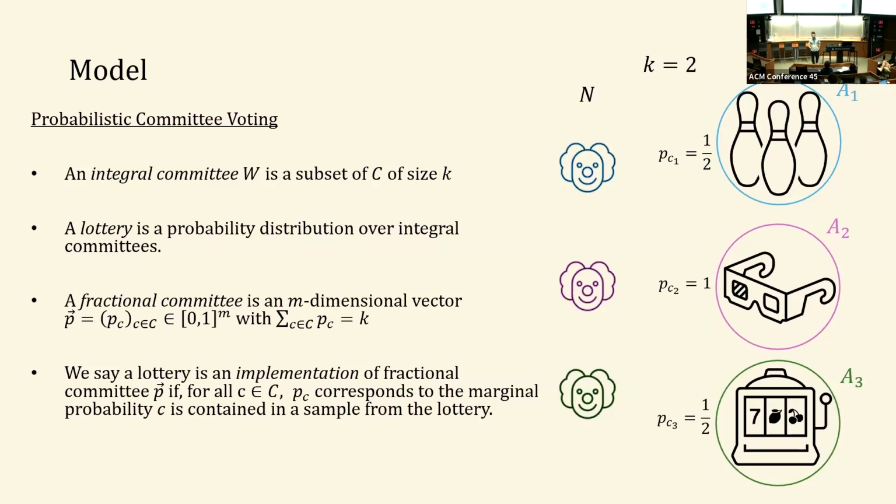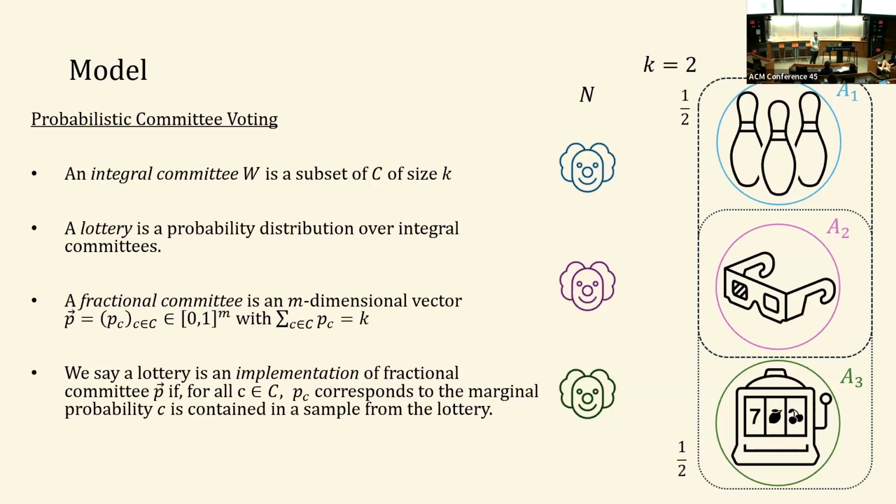We say that it implements that fractional committee, which is the fractional committee where we place the marginal probability of each candidate being selected in a random sample from the lottery. So for example, this fractional committee that we see here is implemented by the lottery that we had before.